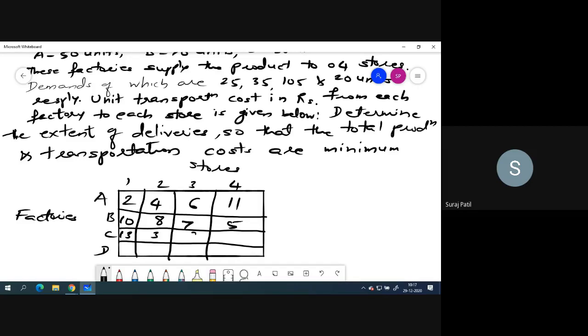Fourteen, 3, 9, 12, 4, 6, 4, 6, 8, 3. This is the problem given. Have you noted it down?